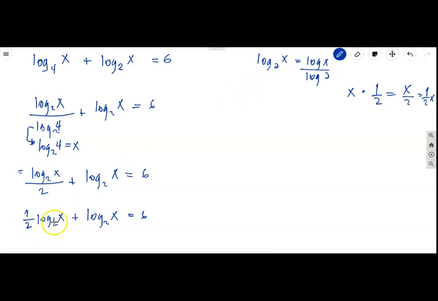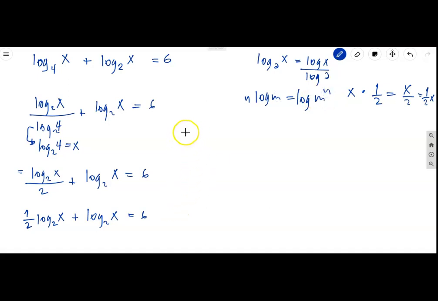That's why we can come up with this logarithm rule, m log n becomes log n raised to the power of m.